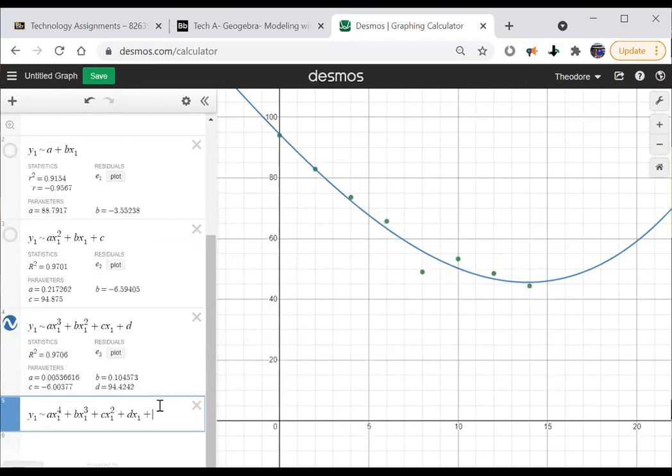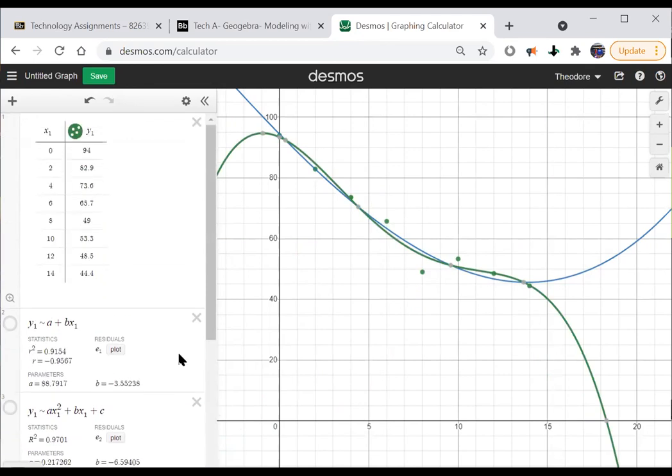But then I'm going to skip, and this might be a little aggravating, I'm going to skip E and I'm going to skip F, and I'm going to go right to G. There's a good reason for that.